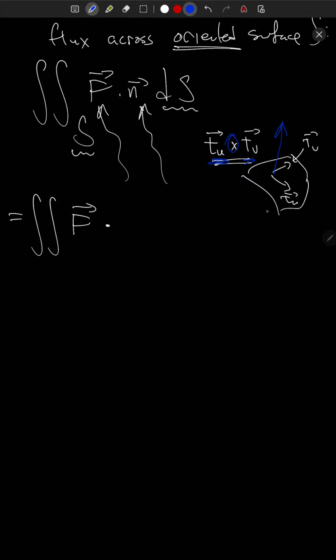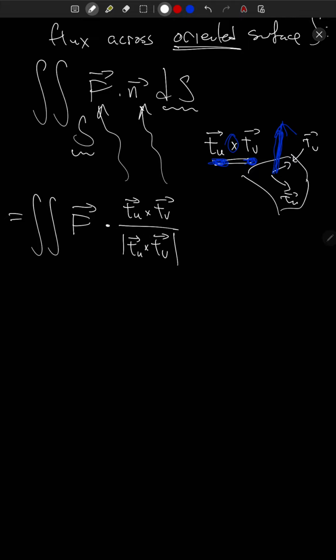So if we parameterize our surface so that T sub u cross T sub v is consistent with our normal, then the normal would just be T sub u cross T sub v over the length of T sub u cross T sub v. Now, if we parameterized our surface so that T sub u cross T sub v happens to be in the opposite direction of the orientation we've chosen, we can still use the same parameterization, just pop out a minus sign in front of the integral.